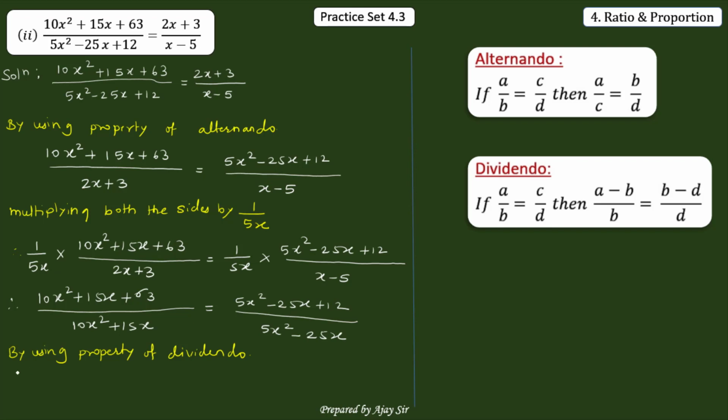Therefore, this numerator, that is 10x² + 15x + 63, minus the denominator 10x² + 15x, divided by 10x² + 15x, is equal to the numerator 5x² − 25x + 12 minus the denominator, that is 5x² − 25x, divided by 5x² − 25x.